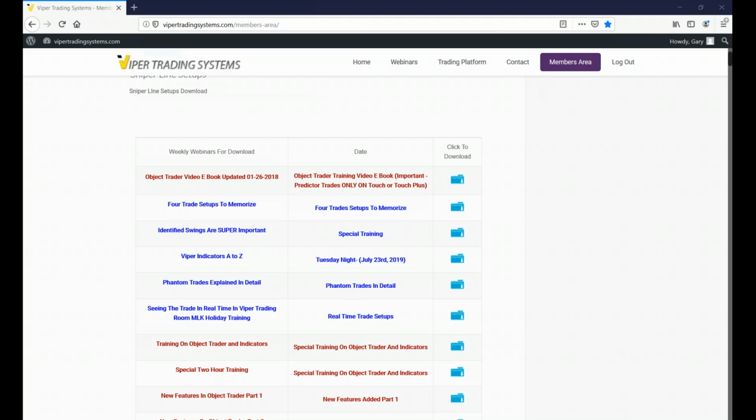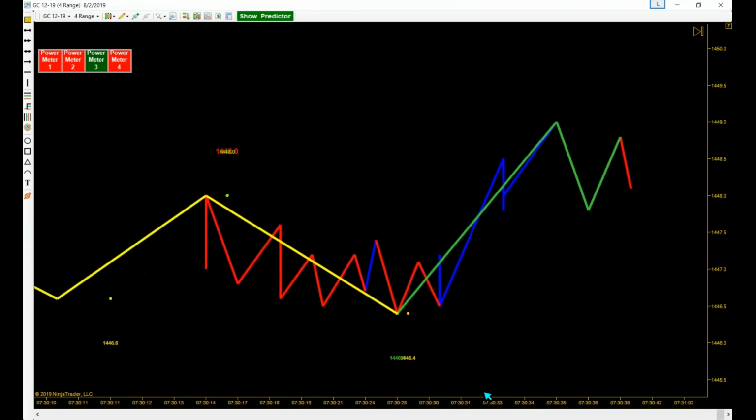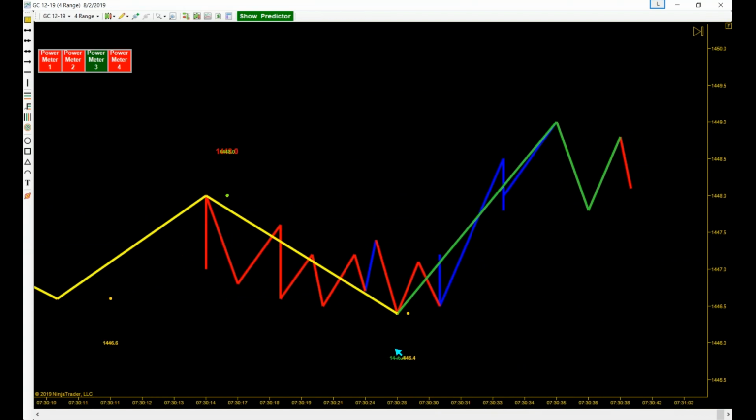Let's just show this chart real quick. This is an actual chart on gold, and matter of fact, this was right after the non-farm payroll report yesterday. If you were looking at this chart right now, and you were to draw on your charts and everything, where do you think this chart would more than likely bounce?